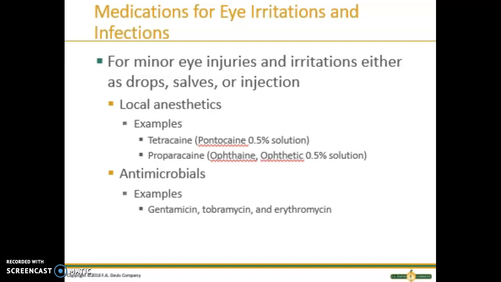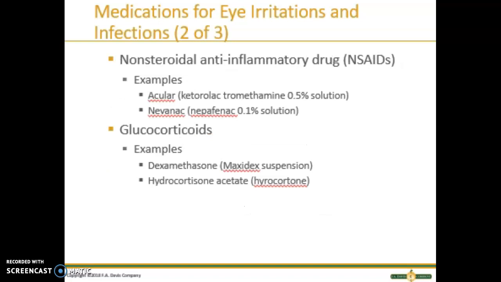An example of an antimicrobial might be gentamicin. Non-steroidal anti-inflammatory drugs, the NSAIDs, we look at for the eyes. One of the examples is the Acular. An example of the glucocorticoids would be dexamethasone.